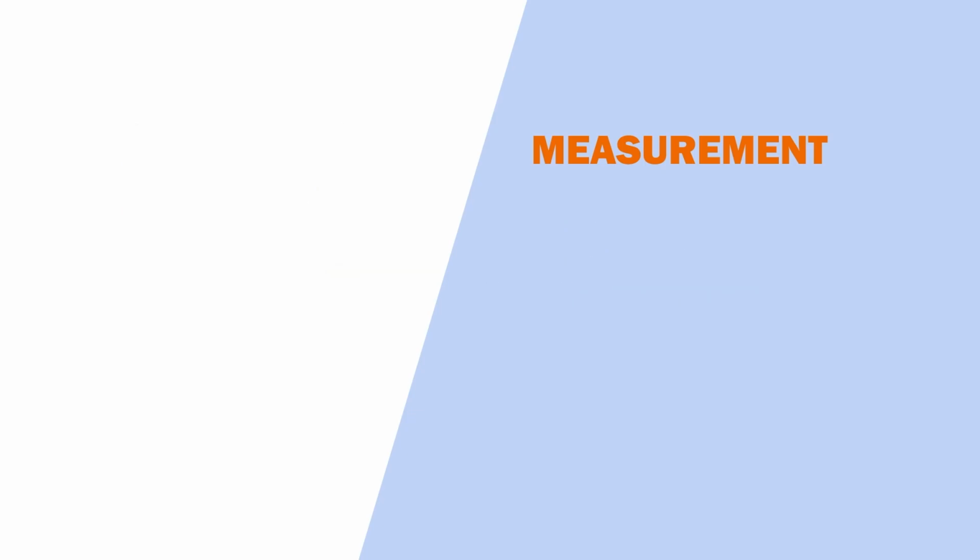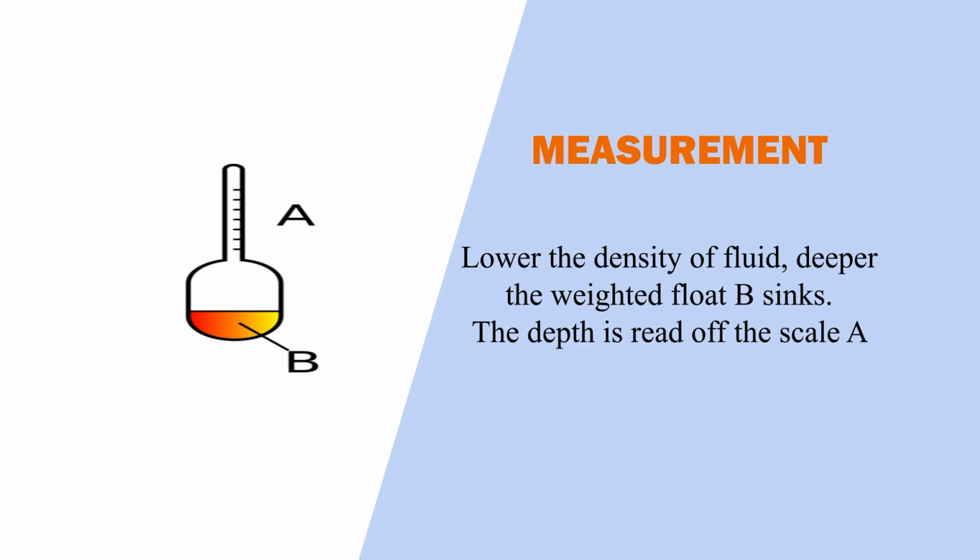In the hydrometer, the lower the density of the fluid, the deeper the float B will sink. You see in the picture below, there is a part A, there is a part B. B is a heavy part. A is a part which is graduated, which will tell you about the level. So when you put this hydrometer into the liquid, it will float or sink.